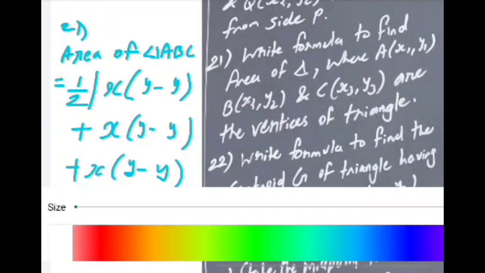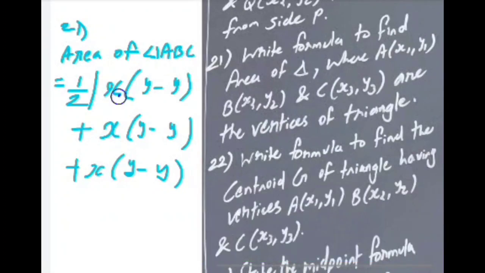Okay, then write the numbers 1 2 3, 2 3 1, 3 1 2. Okay, then mod over. So this is how you can remember this formula of area of triangle ABC.